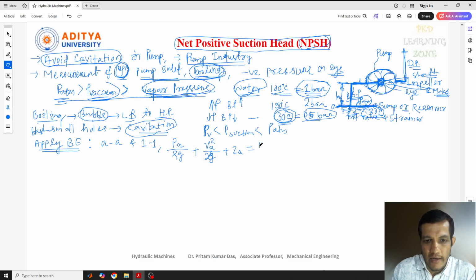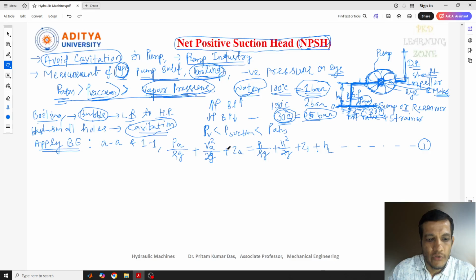So here I can write the same thing: P1 by rho g plus V1 square by 2g plus Z1. This is the total energy at this point. But when the liquid moves from this point to this point, there will be some losses. Those losses are considered as HL, the head loss, due to the friction when the water flows through a pipe. So this is Bernoulli's equation; let's give it equation number 1.